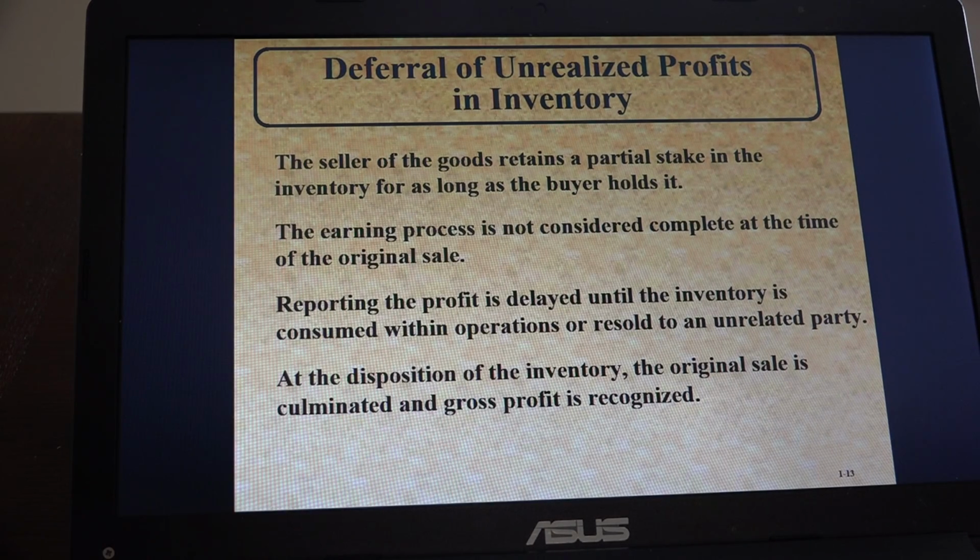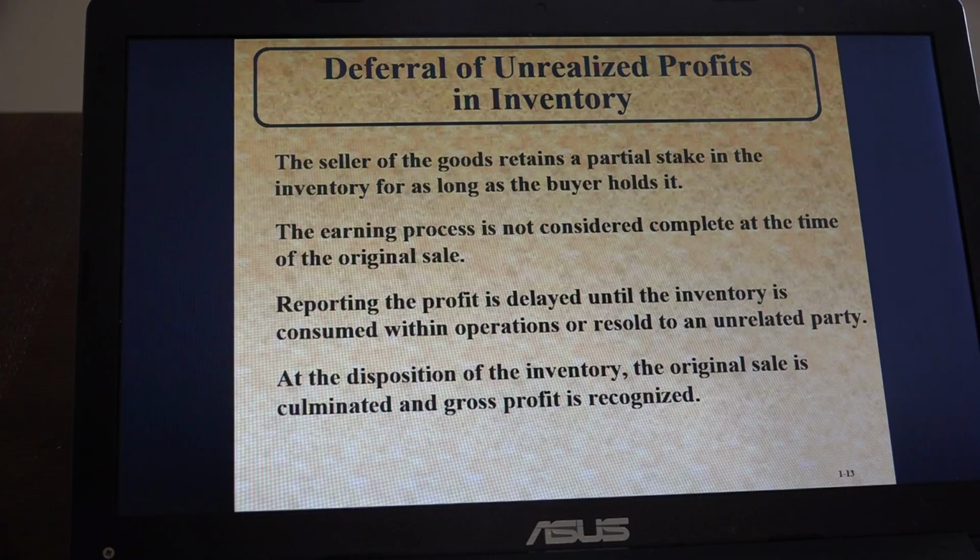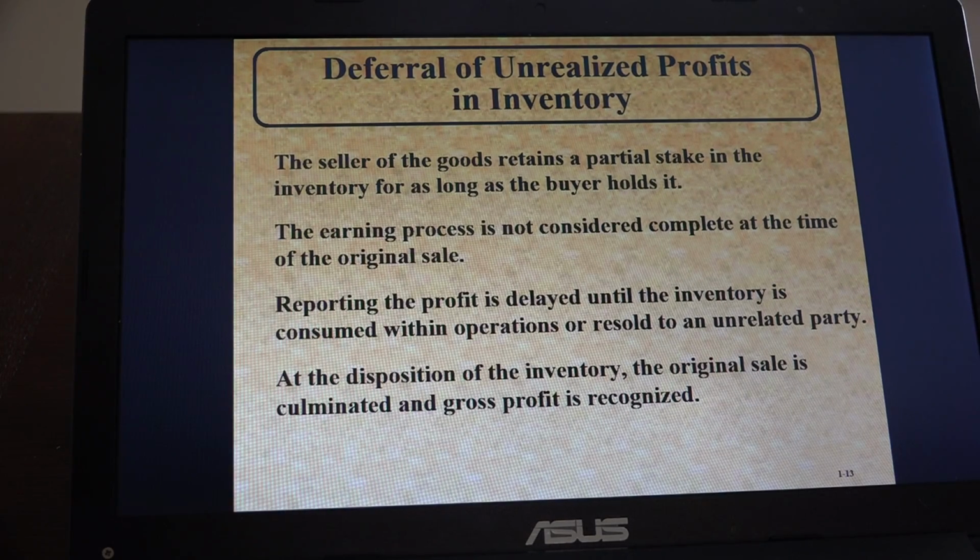Again, this is required of the investor, and it pertains to both upstream and downstream purchases. At the disposition of the inventory, the original sale is culminated and the gross profit is recognized.